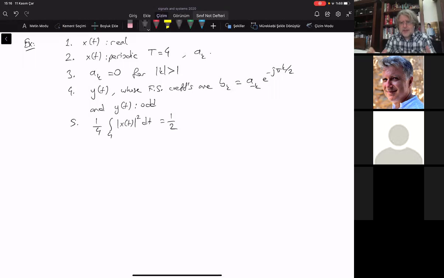Without any further rumination, I can clearly see that since there are only 3 Fourier series coefficients, because for k in magnitude greater than 1, the Fourier series coefficients are 0. So there is a minus 1, a0, and a1. And it means that x of t is a sinusoid.